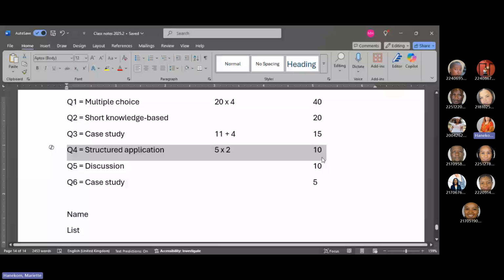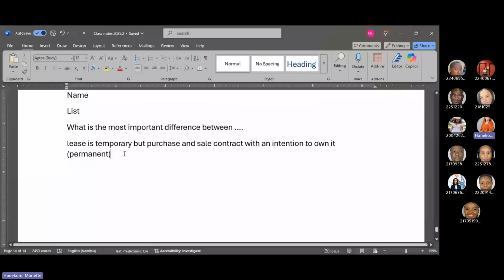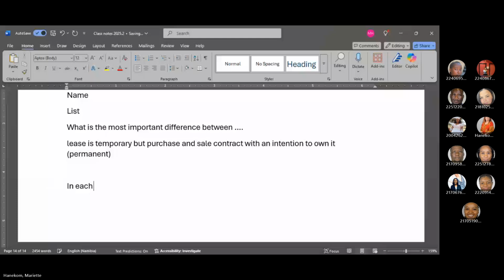Structured application, we've had structured application before. It's this type of question where I give you 5 sub-questions. Something in the line of: for each of the following instances, indicate whether the contract is valid.